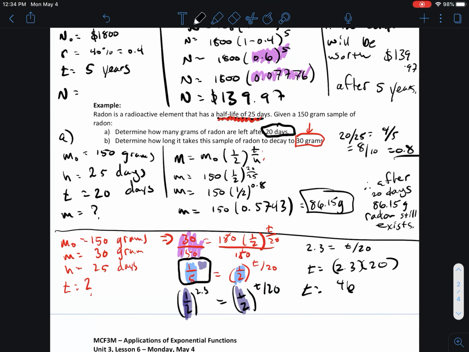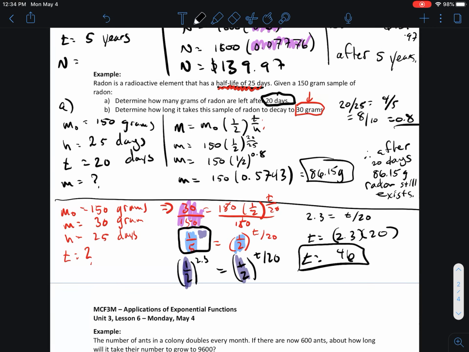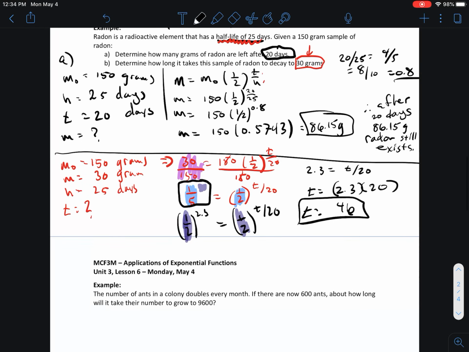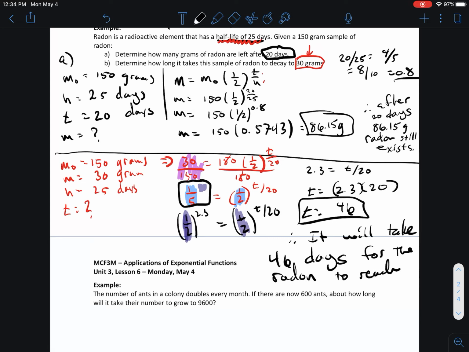Let's go back to our calculator. 2.3 multiplied by 20 is going to be 46. So therefore, this was a lot. It's going to take 46 days for the radon to reach 30 grams.